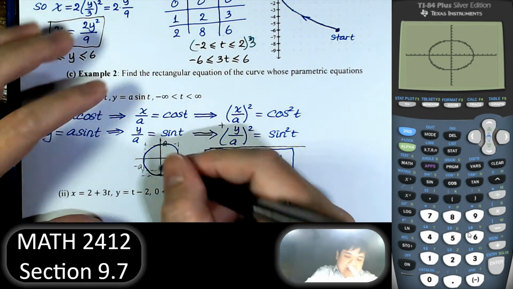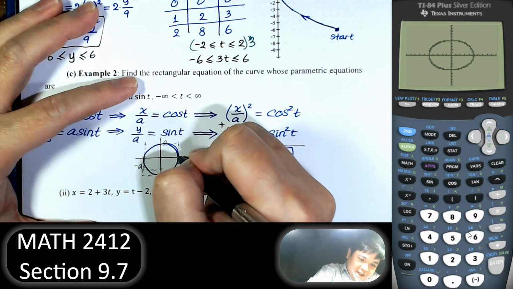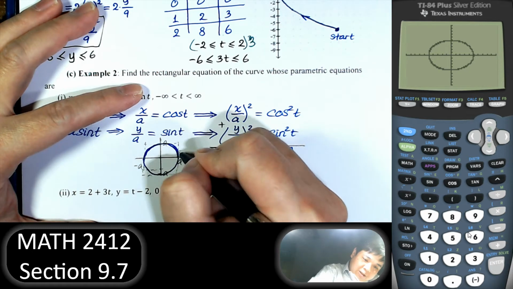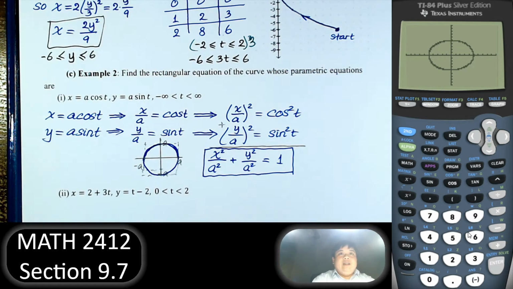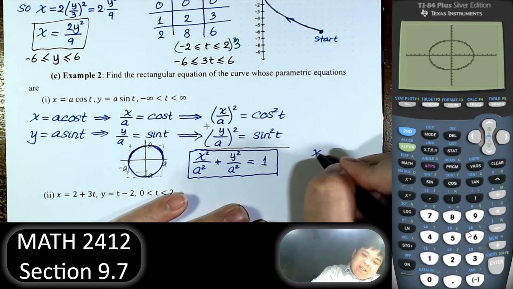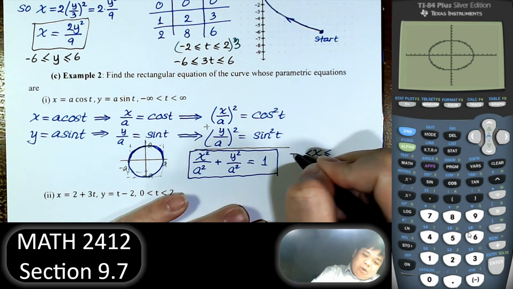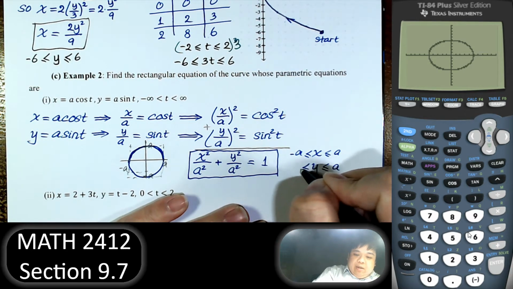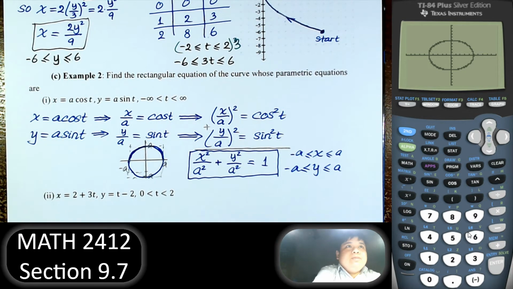Of course, I could draw a circle better than this. And by the way, the reason we need to draw this out is so we can say the limit for x is between negative a and a, the limit for y between negative a and a as well.